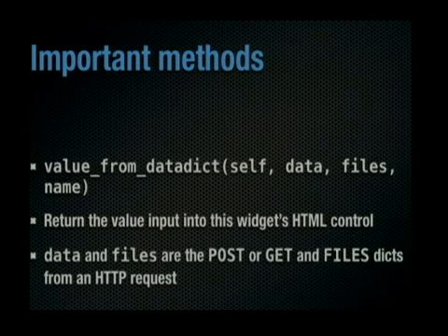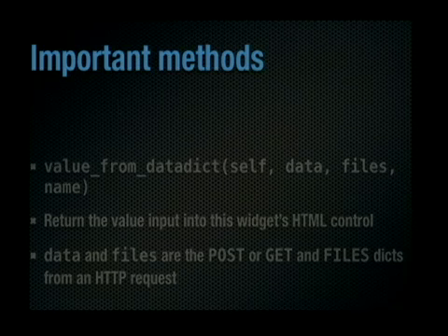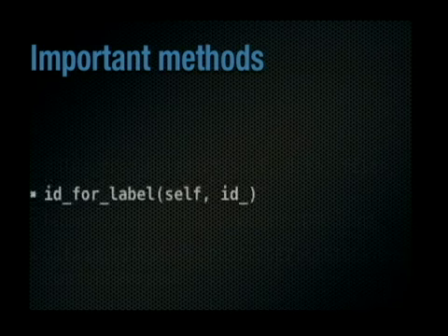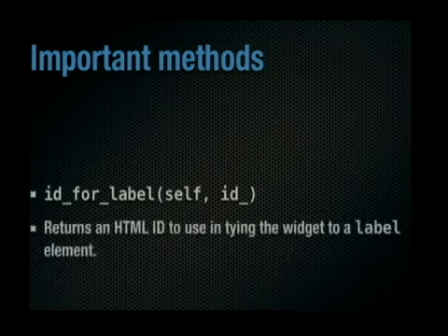Data and files are the attributes there. Hopefully everybody's familiar with request.post, request.get, request.files. That's what's going into this method. Finally, ID for label. This is what's going to get you the HTML ID of the widget in the web page that ties it back to an HTML label element.